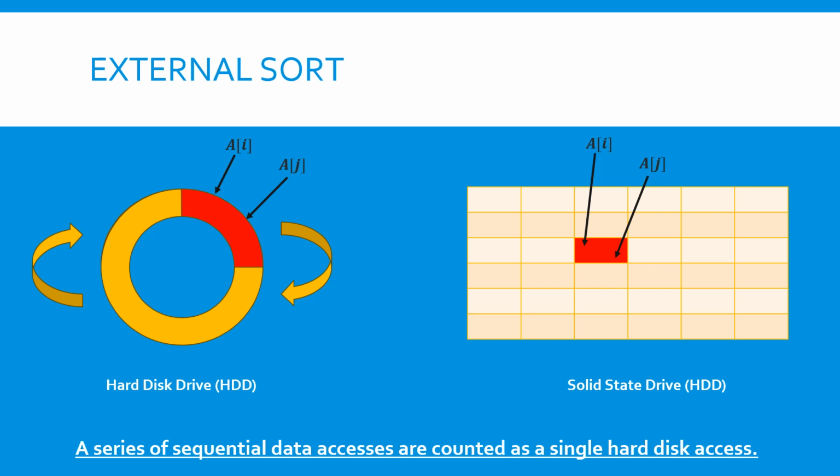However, for modern solid-state drives, or SSD, no spinning is required anymore to locate the data. But related data elements are still stored in the same storage unit called a page. Therefore, programs run on SSD can still benefit from sequential data access, but it may not be as significant as in HDD. Hence, in our model, we shall minimize out-of-order data accesses.